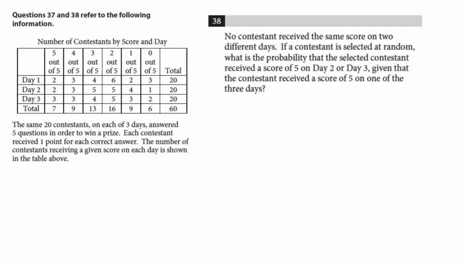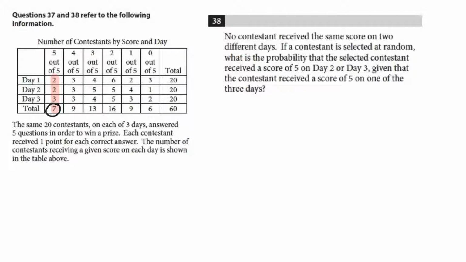So we are looking at, if they scored a 5 on one of the 3 days, that means they're in this category. We know that nobody received the same score twice, so we know that a total of 7 contestants scored a 5 on one of the 3 days.